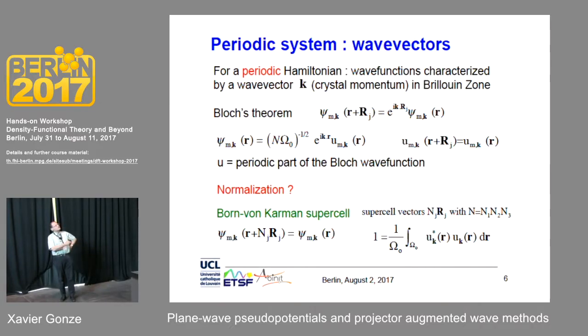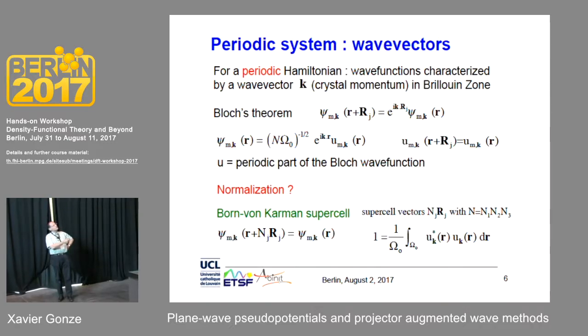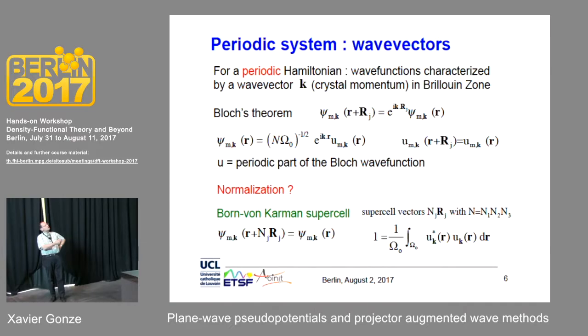The Bloch theorem states that if one translates the wave function, the eigenfunction of a periodic Hamiltonian, by some real space vector of the lattice, we will obtain the original wave function multiplied by a phase factor, a global phase factor.